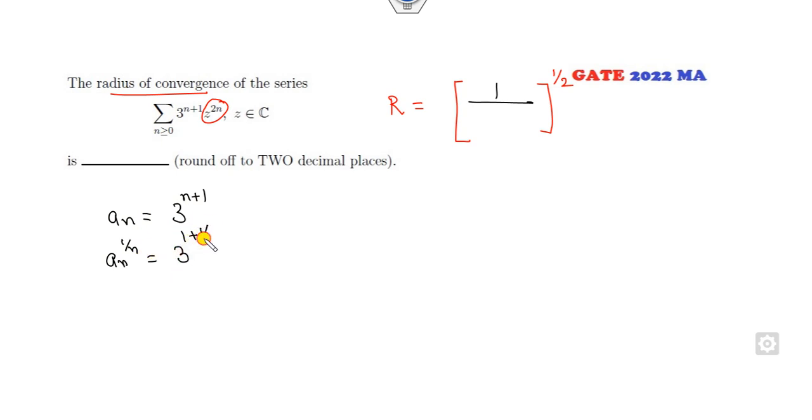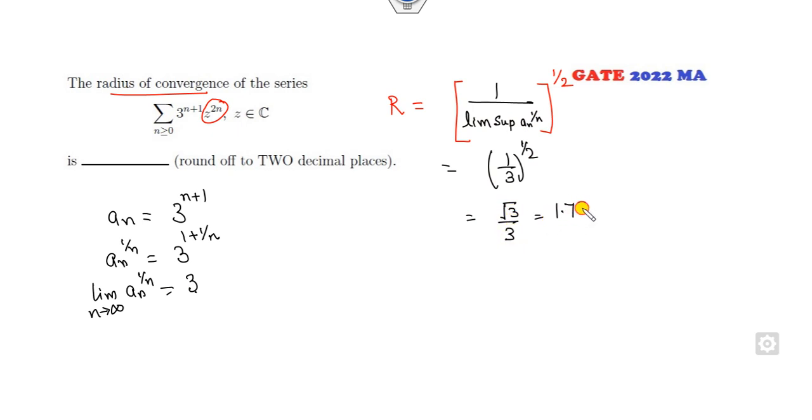It is 1 plus a term whose limit as n approaches infinity is 0, so it is 3. Therefore the limit supremum of |an|^(1/n) is 1 over 3, which means root 3 over 3. 1.73 divided by 3 is the right answer. You can write it up to 2 decimal places.